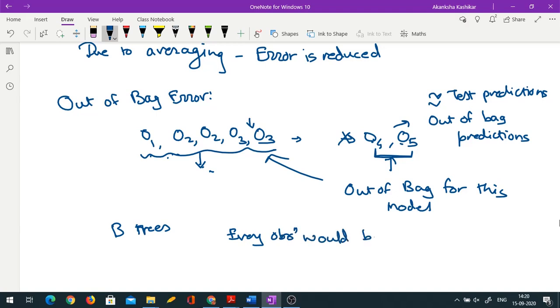It is called OOB, out of bag. It is not my short form, it's a standard acronym. So every observation would be out of bag for roughly B/3 trees.